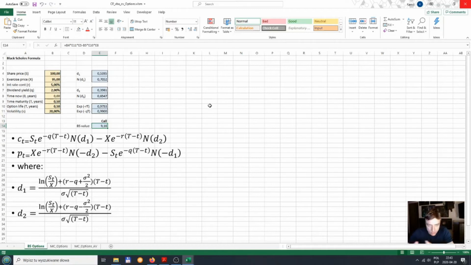If you remember this formula, it may seem difficult at the beginning to memorize, but actually if you put this into individual elements and think of them, it becomes quite easy. You subtract the exercise price from the share price of an instrument. So this is basically your payoff formula when the contract expires. It's the share price on the market minus the exercise price that you have in your contract, right?